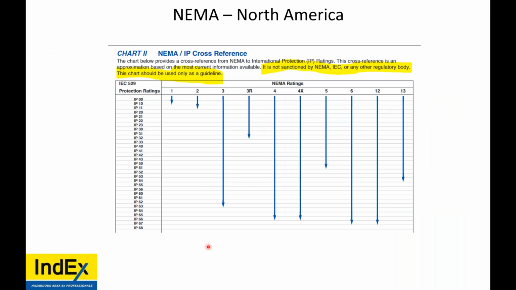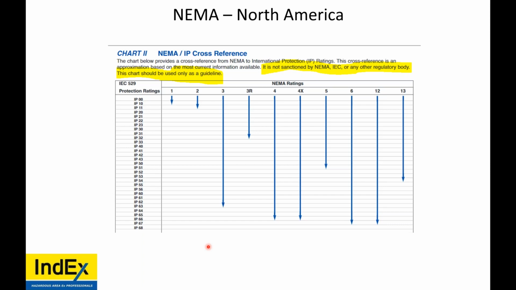Next, we come into North America. When we start talking about NEMA, equipment manufacturer ratings, these are NEMA enclosures, they define it under these numberings, 1, 2, 3, 4X. It goes into greater detail than IP ratings.